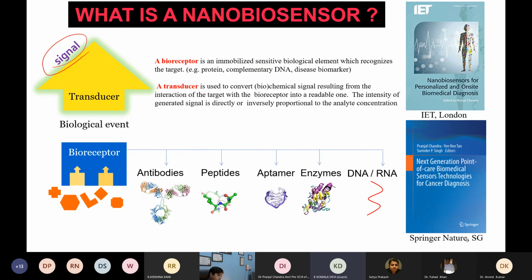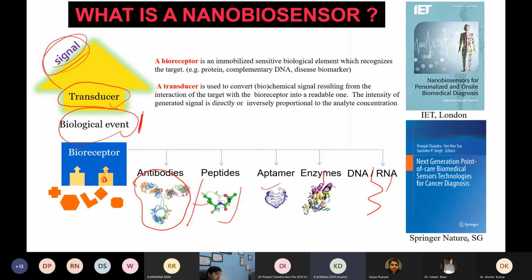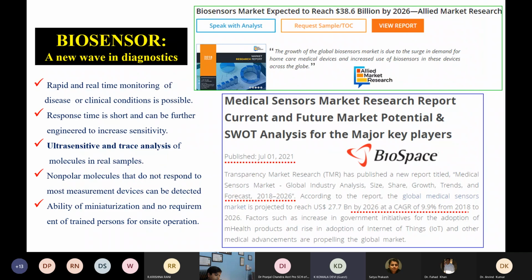These molecules interacted with this one or this one or this one, and there is a biological event. The transducer converted this event into measurable signals. So eventually again there are two things: one is the receptor, another is the transducer. All right.